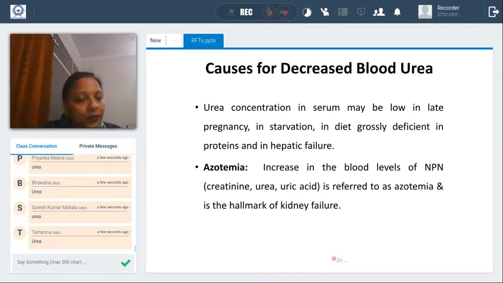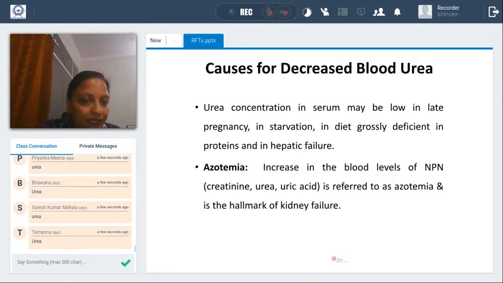What is azotemia? Please write in the box, what is azotemia? You might know azotemia. It is the increase in the blood level of NPN, like creatinine, urea, uric acid, and is referred to as azotemia. It is the hallmark or the biomarker of kidney failure.